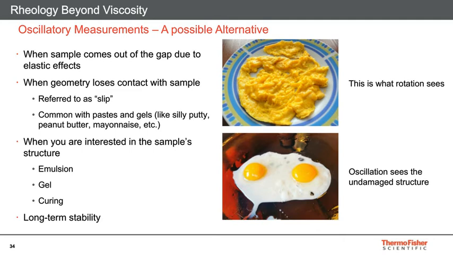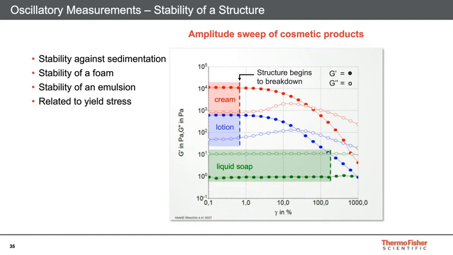Doing an oscillatory measurement allows you to study the stability of an internal structure. So if you have emulsions and gel type setups, you can study this internal structure and how stable it is over different input stresses and strains. With an oscillatory measurement, you get a parameter called modulus.